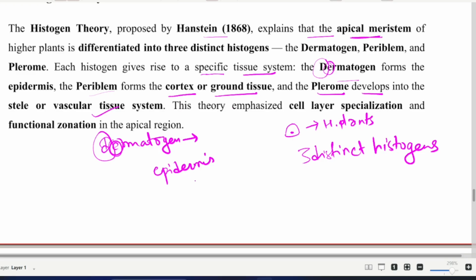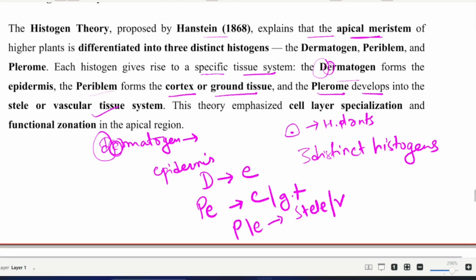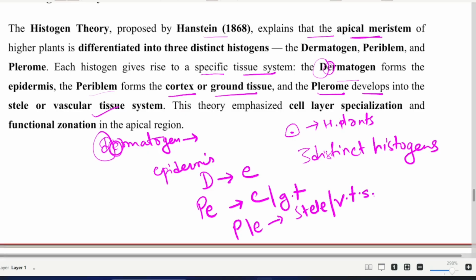So here, dermatogen forms the epidermis, periblem forms the cortex or the ground tissue, and the plerome develops into the stele or the vascular tissue system. This theory emphasized cellular specialization and functional division in the apical region.